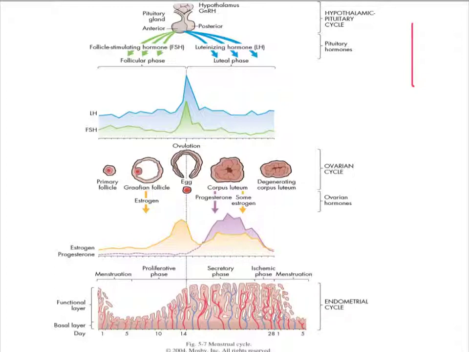The corpus luteum will continue making progesterone until the placenta is mature enough to do so, which happens at around day 17 after fertilization. When the ovum is released, based on the spike in luteinizing hormone, the egg is going to be fertile for about 24 hours.